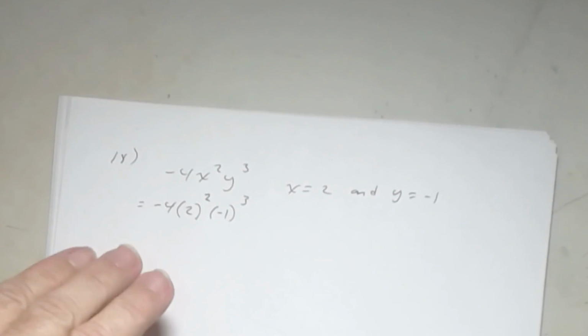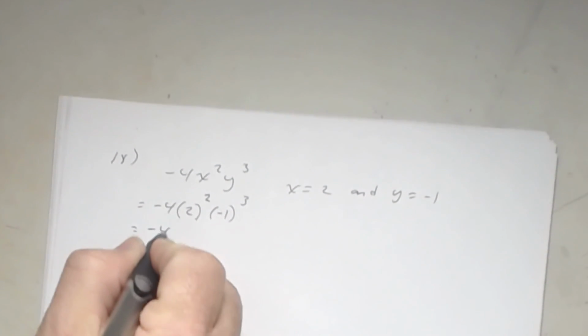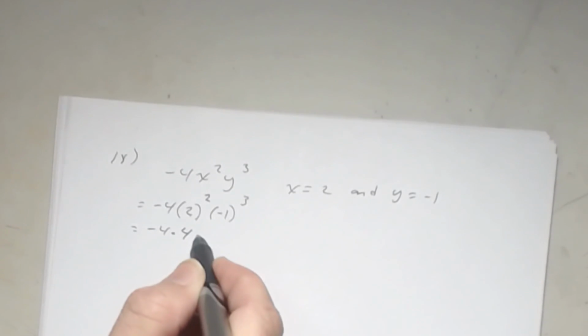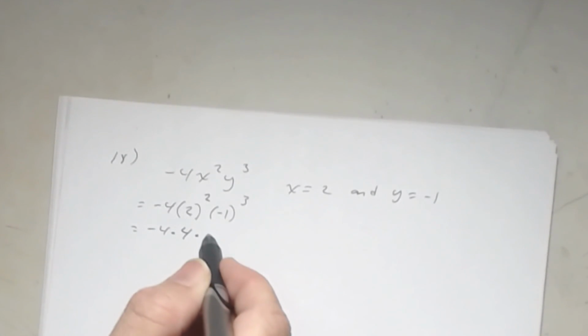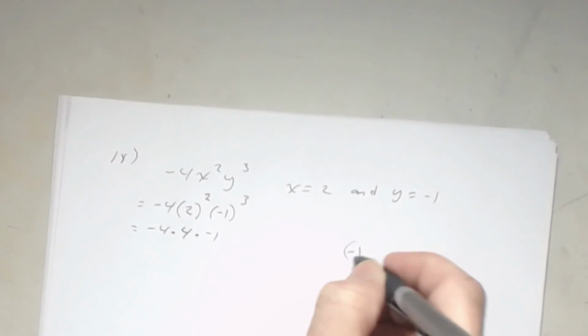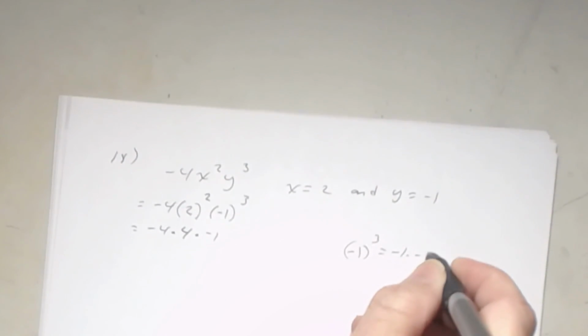Then I would go to each factor that's listed, and I would just rewrite it. So that's -4 times, what's 2 squared? 4 times, what's -1 cubed? -1. Because remember, -1 cubed means -1 times -1 times -1, right?